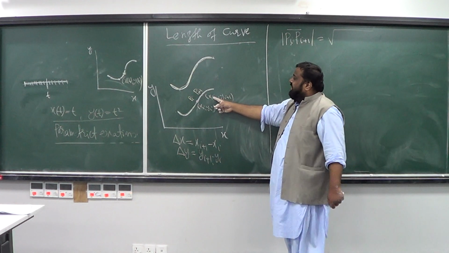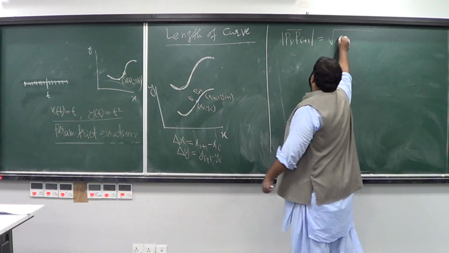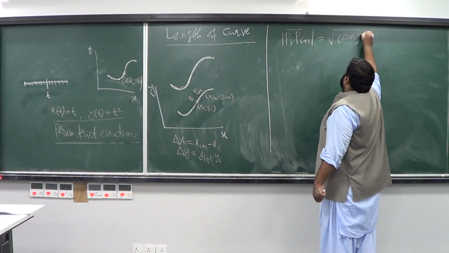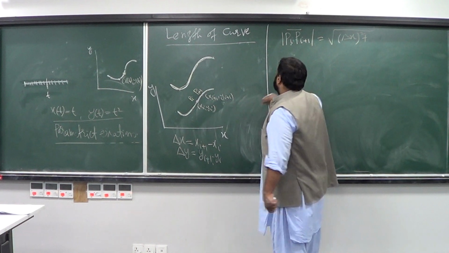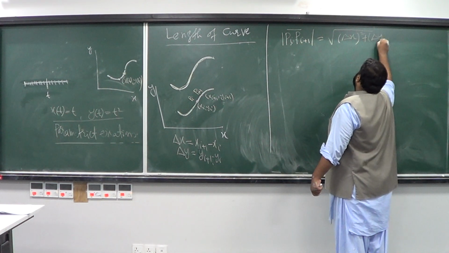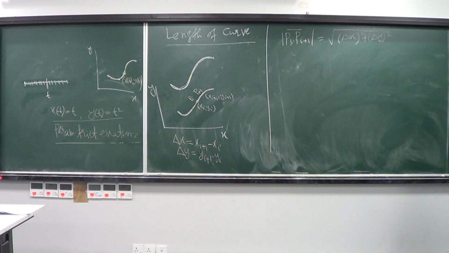Take the difference of the coordinates xi plus 1 minus xi, let's call it delta x, squared, and yi plus 1 minus yi, let's call it delta y, squared. This is going to be the distance between pi and pi plus 1.